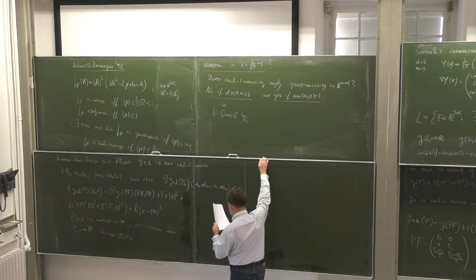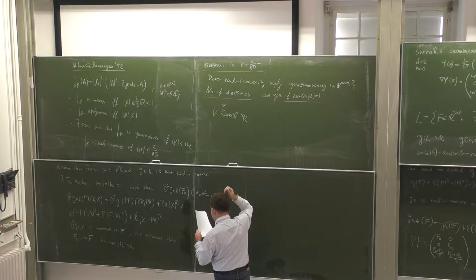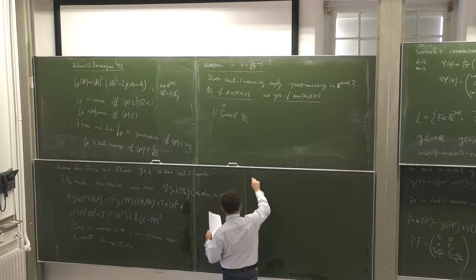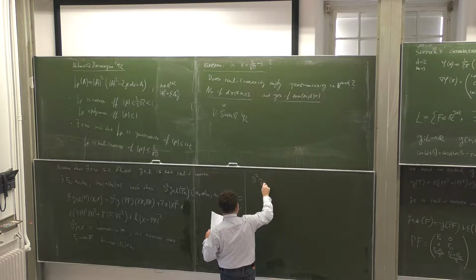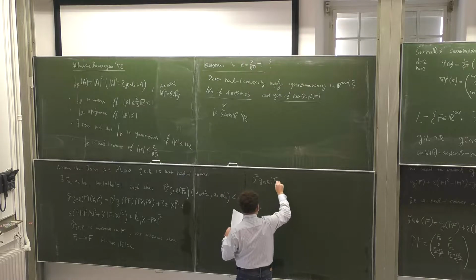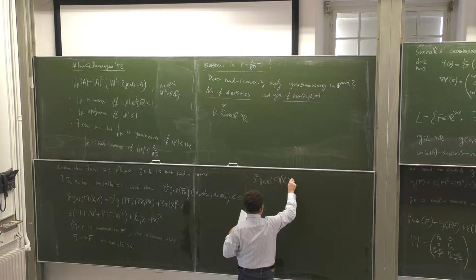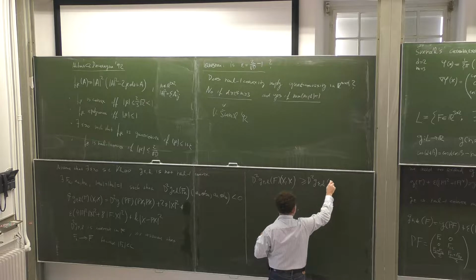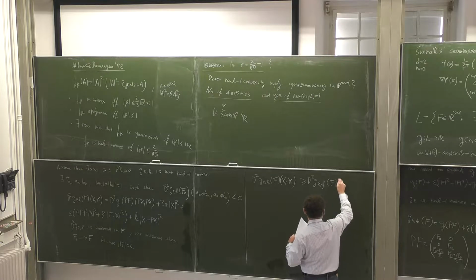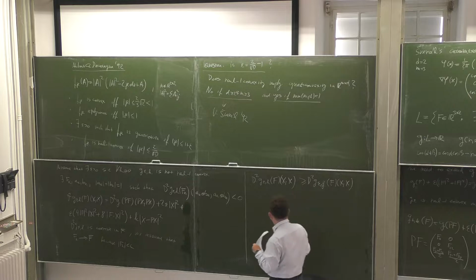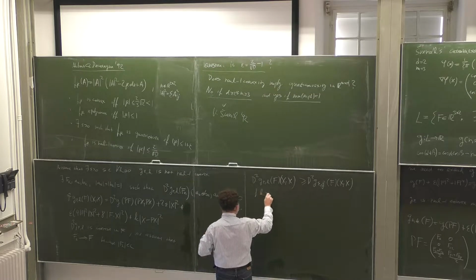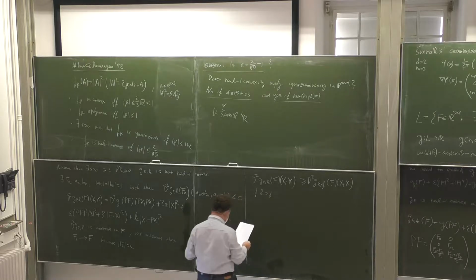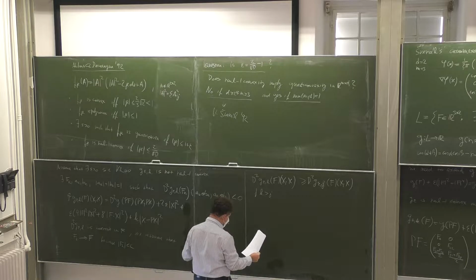So d²g_{ε,k}(f) at x is bigger than d²g_{ε,j}(f) at x, if k is larger than j.